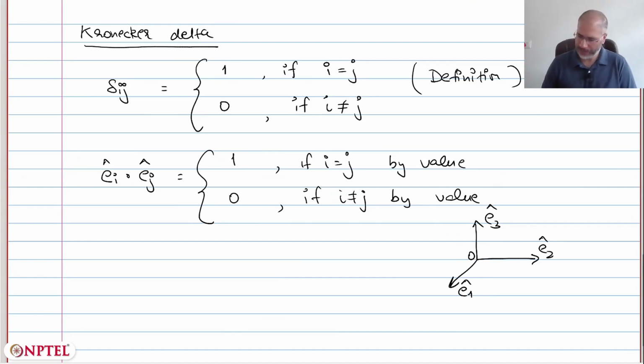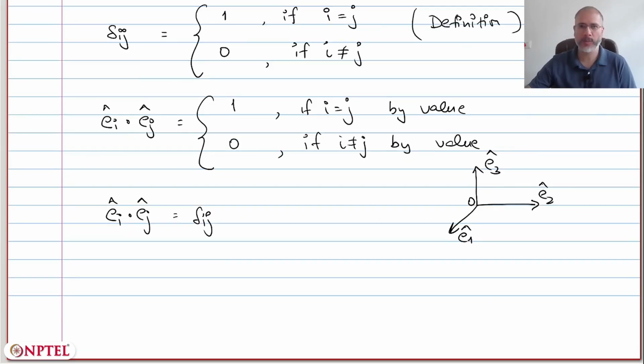So we can see that ei dot ej is actually equal to the Kronecker delta, delta ij. So this is where the Kronecker delta symbol helps us in the vector dot product. We'll use that later, but before that there's an important property of the Kronecker delta called the substitution property of delta ij, and that is something we'll discuss now.